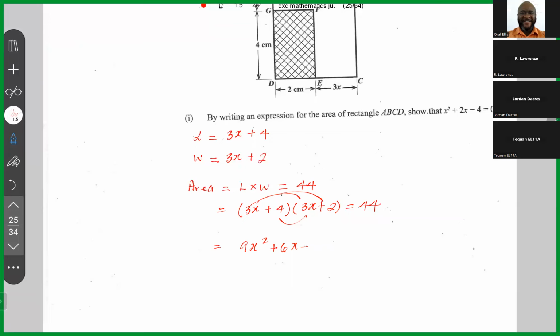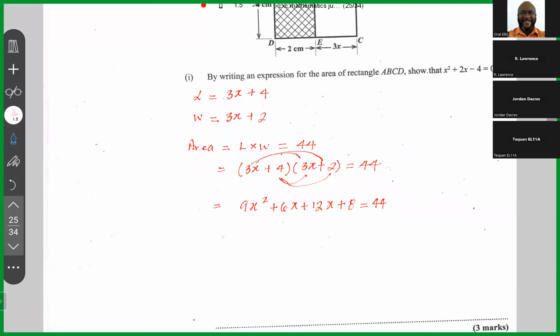Let's simplify. Therefore, we have 9x squared, 6 plus 12 is 18x, plus 8 minus 44 is equal to 0. All right, let's simplify.